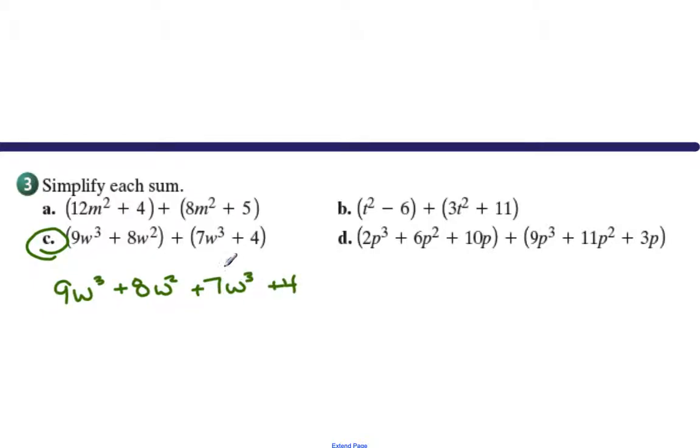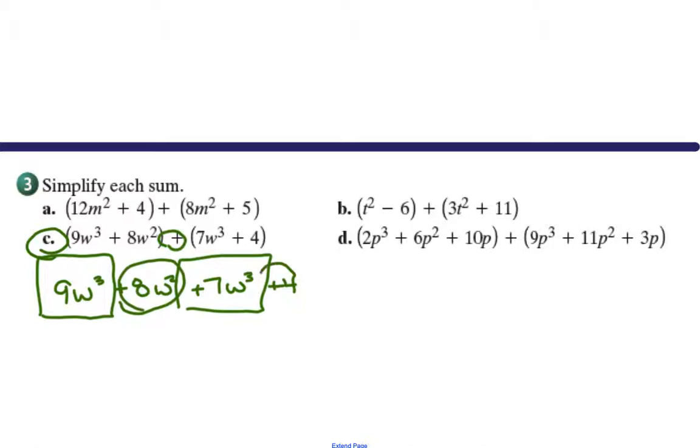I removed the parentheses since we were just adding, and we don't need them. It's not necessary. We want to combine like terms, 9w cubed, 7w cubed, 8w squared, and 4. Now, what I just did was I grouped up my like terms based upon the shapes. I call this the shape method.